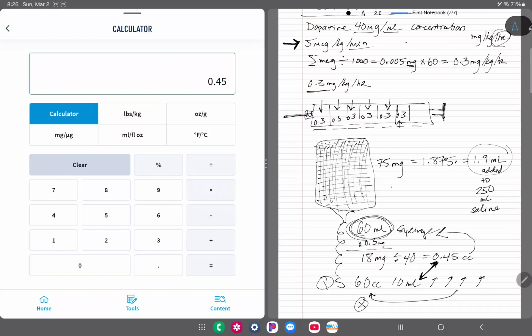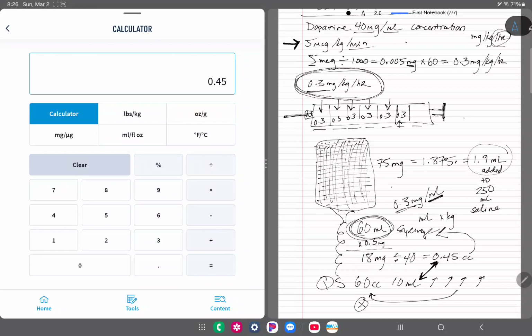And again, each one of those mils has 0.3 mg in a mil. So if I'm running each one of those mils times the kgs, I'm going to get 0.3 mg per kg. And that was my original dose, 0.3 mg per kg. And I run it every hour at whatever the rate says.